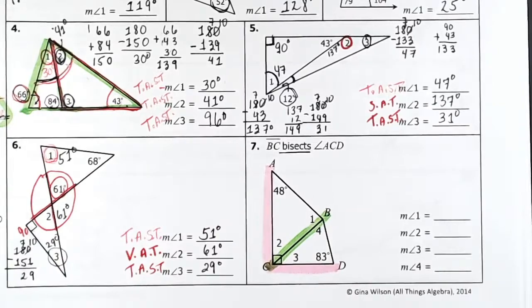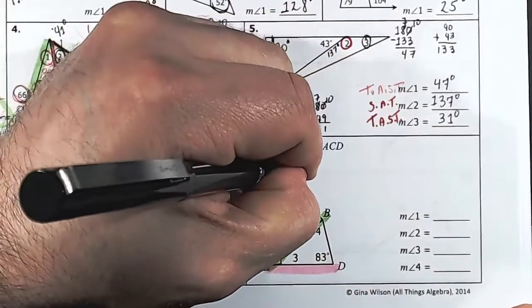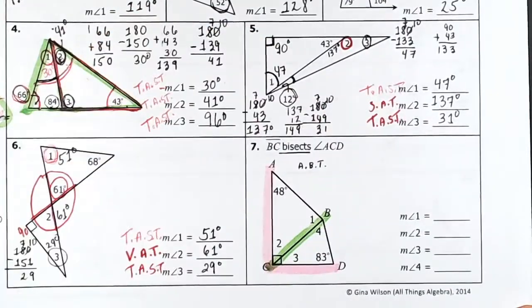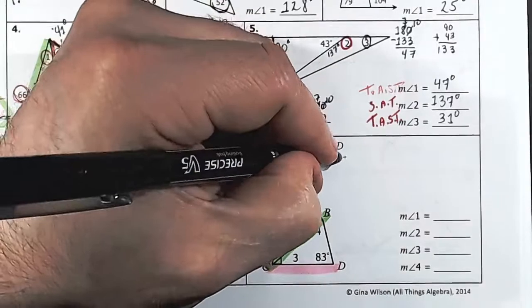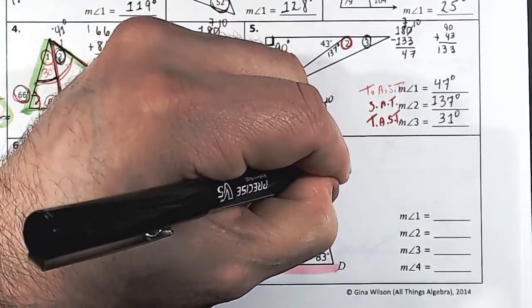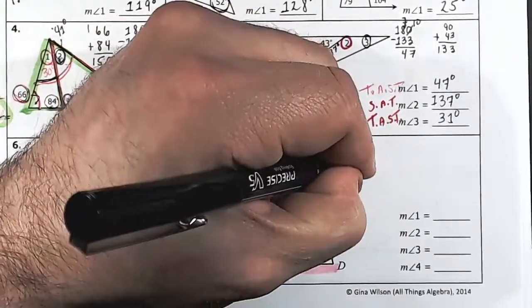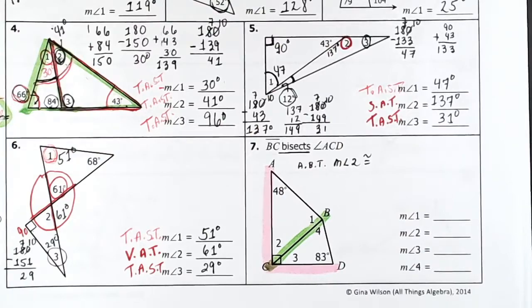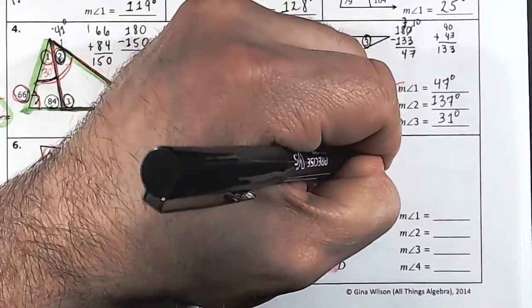All right, so I think we have to use, by the angle bisector theorem, ABT, the measure of angle 2 will be congruent to, remember that's an equal sign with a squiggly over it, the measure of angle 3.